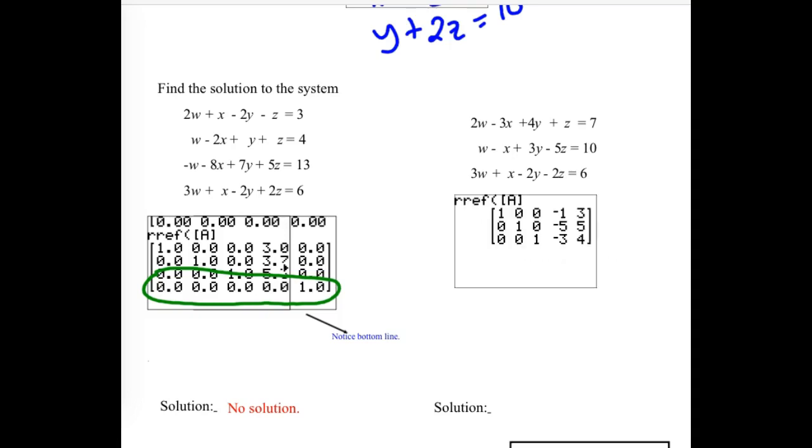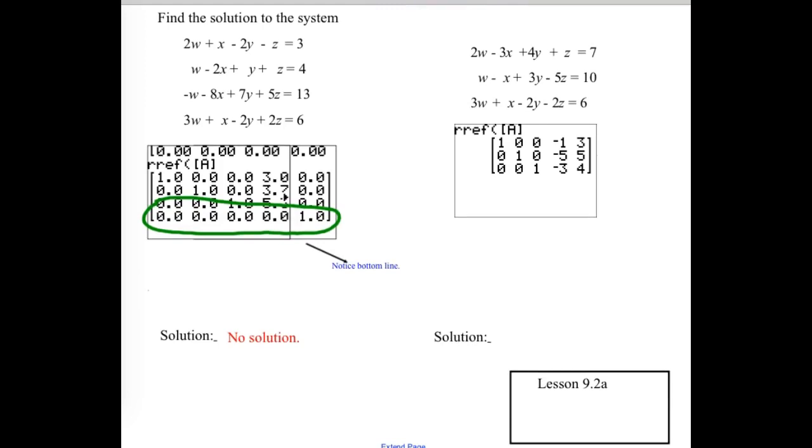All right, so we've got our solution here. We notice our order of the variables. This first one is W, then X, then Y, then Z. So my top row tells me that 1W minus a Z equals 3. Yes? So from that, I can write W equals Z plus 3. Okay.